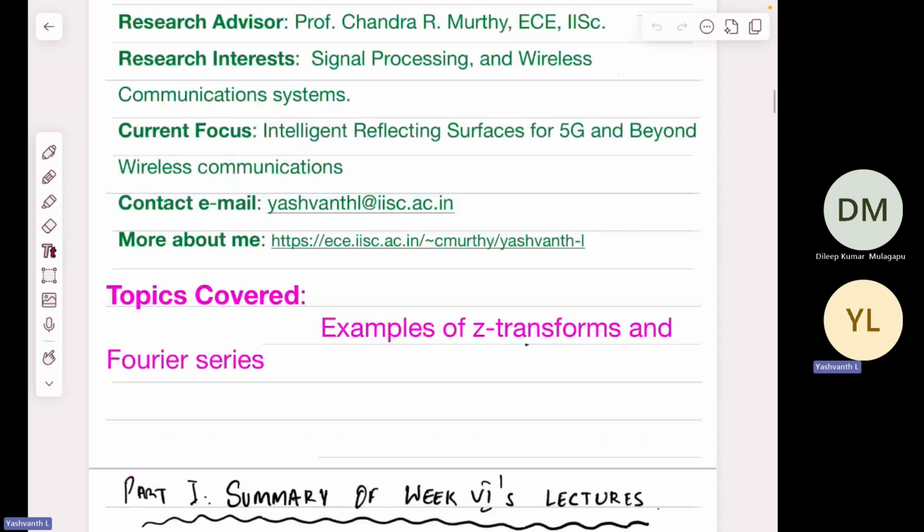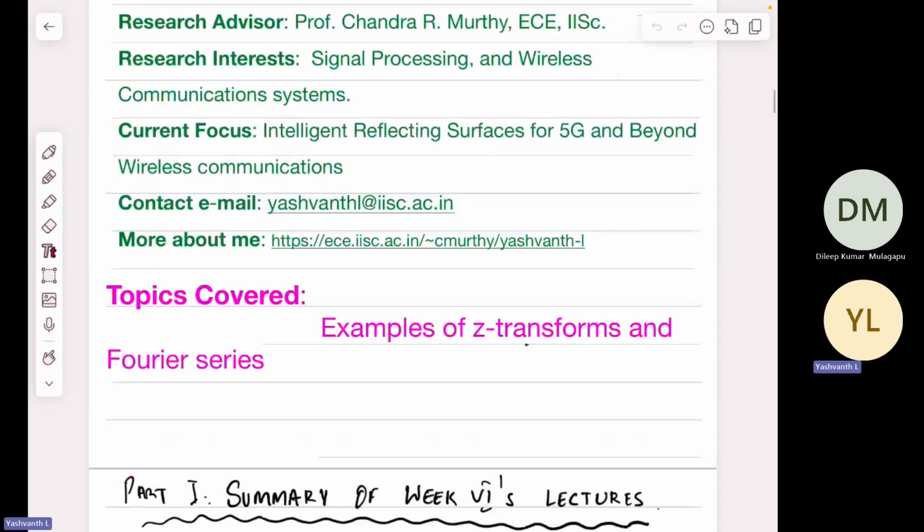We saw the notion of region of convergence, how to invert the Z transform, and in particular, how to use the partial fraction expansion of Z transform to invert it. We saw the notion of how to ensure stability and causality of LSI, LTI systems, and we also studied a bit about transfer function. Right, so that was about last week.